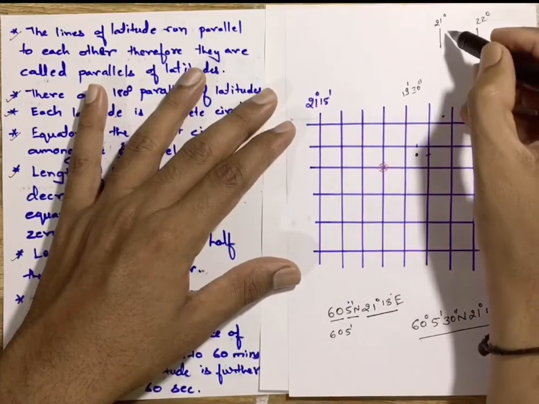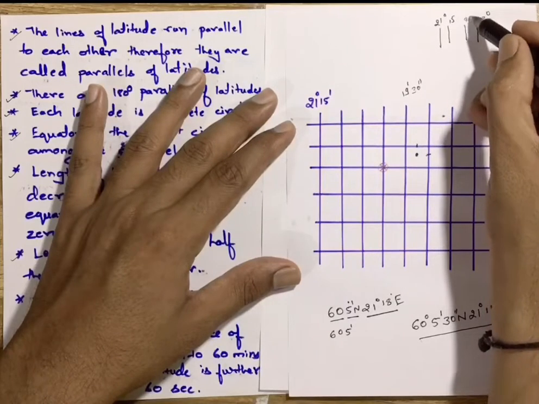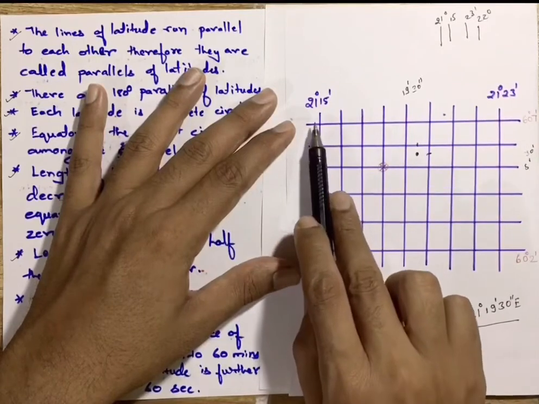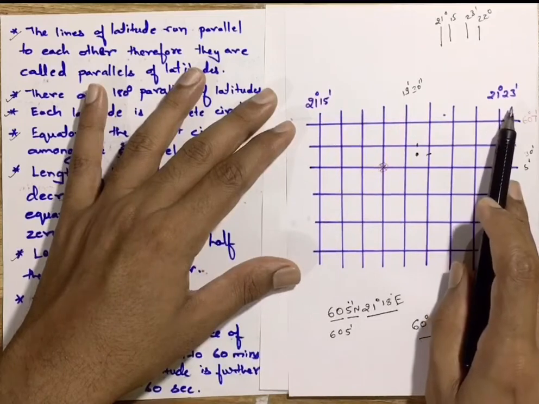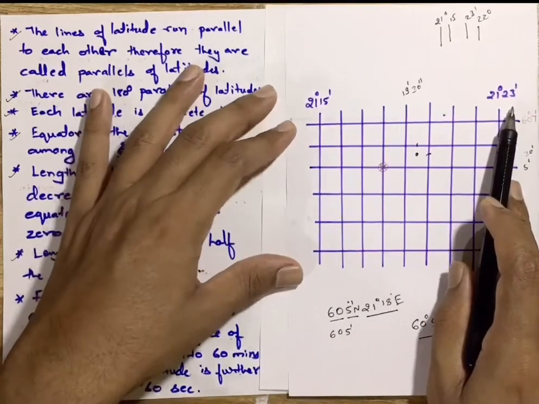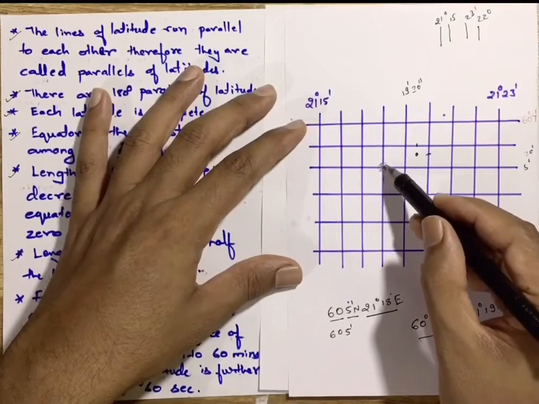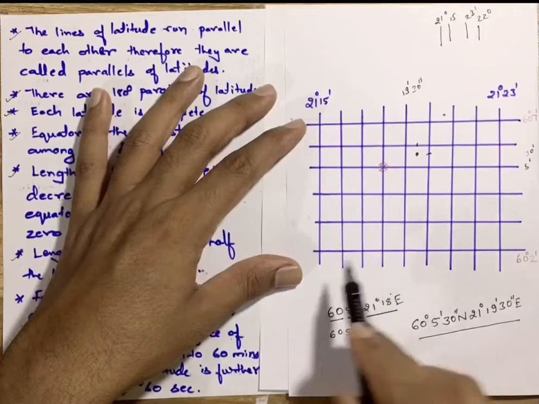So what I have done, I have taken a 15-minute line and a 23-minute line. You can see over here, this is the 21 degree 15-minute line and the 21 degree 23-minute line. And if I want to locate this place, we will see what its location is. This is about longitude. The same applies to the latitudes.